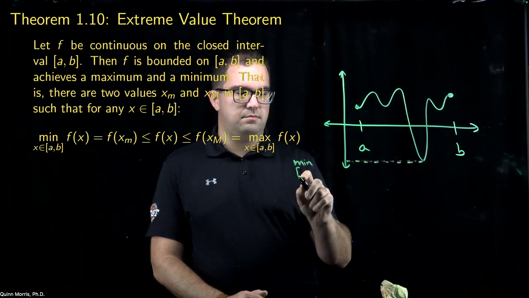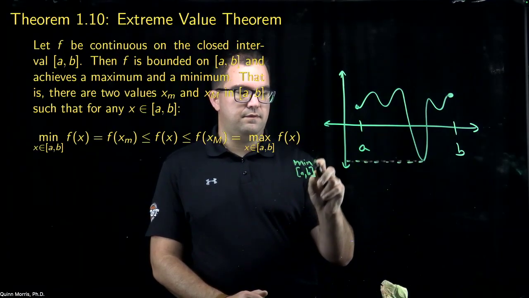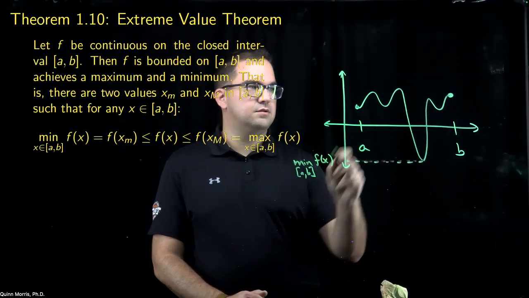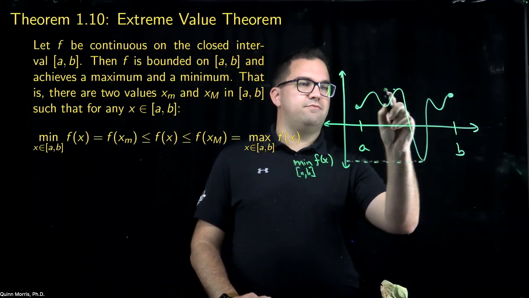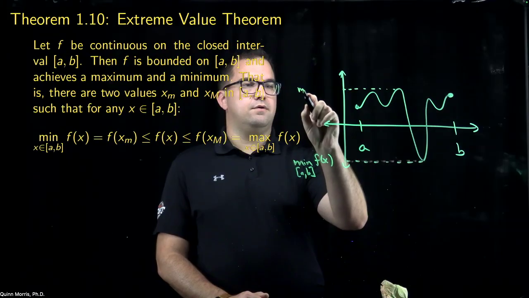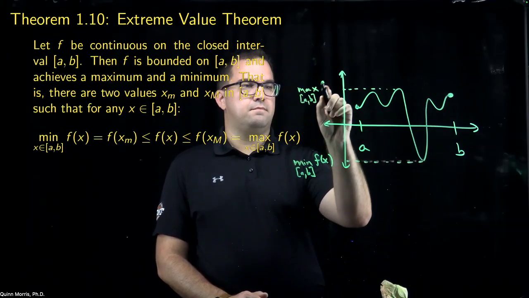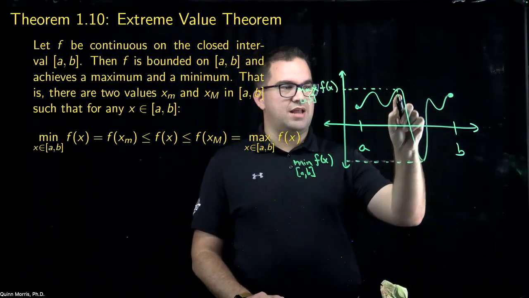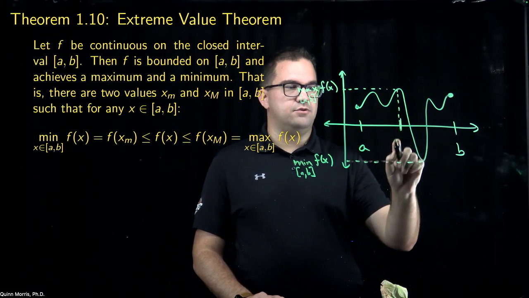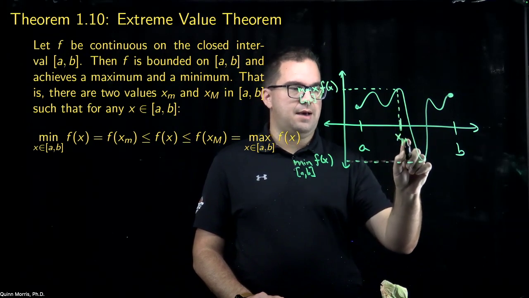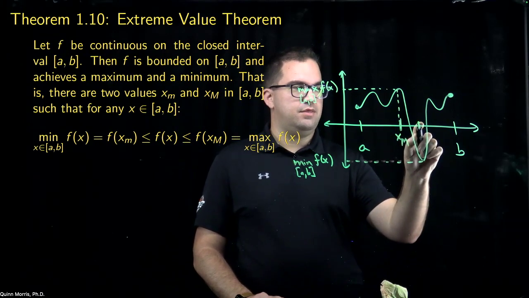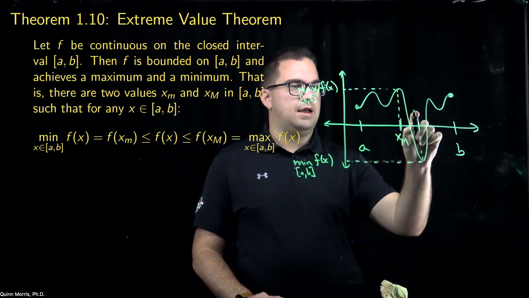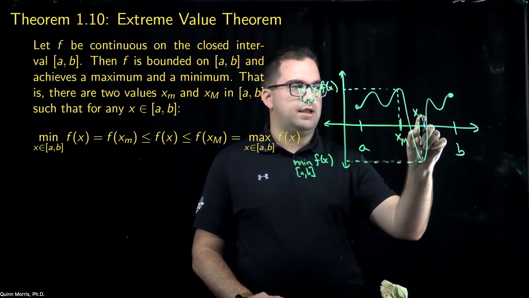This is the minimum over [a, b] of f(x). And maybe my maximum value looks like it's probably here. But what this says is my function actually has to achieve those values. So here, this would be x sub capital M, and this would be x sub lowercase m.